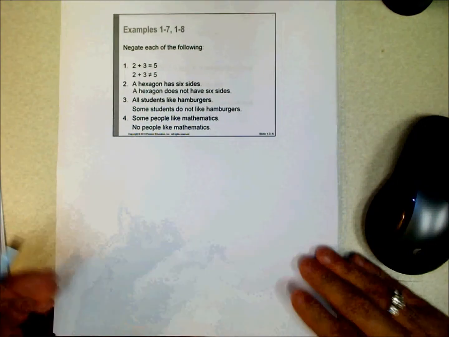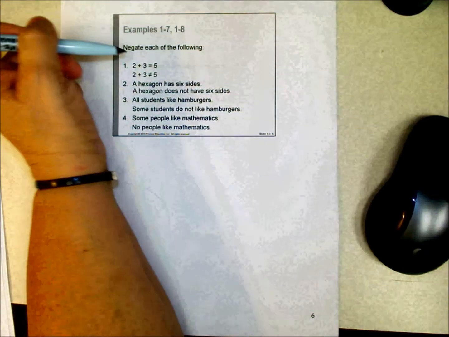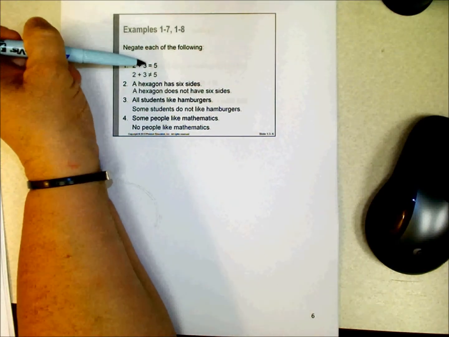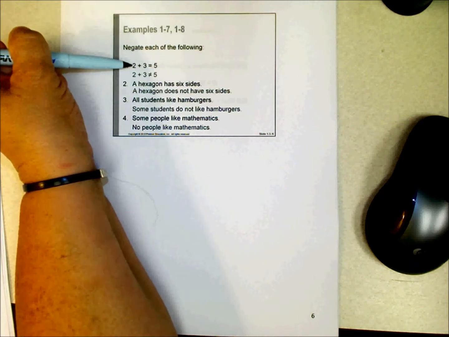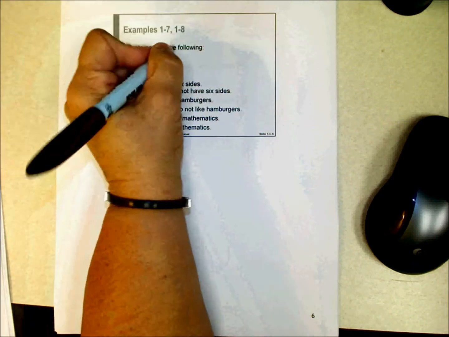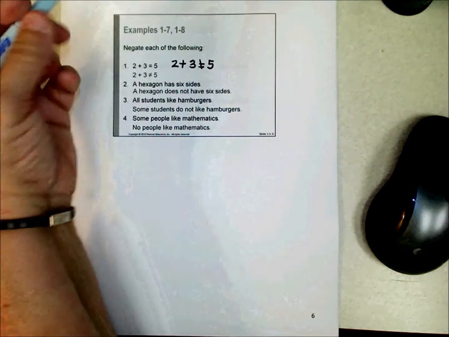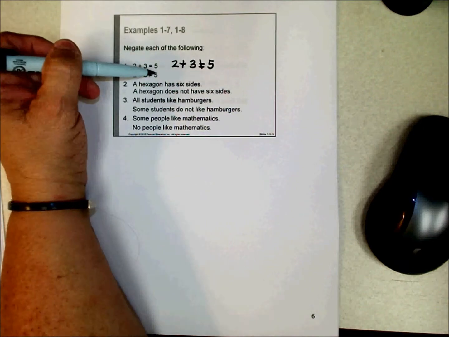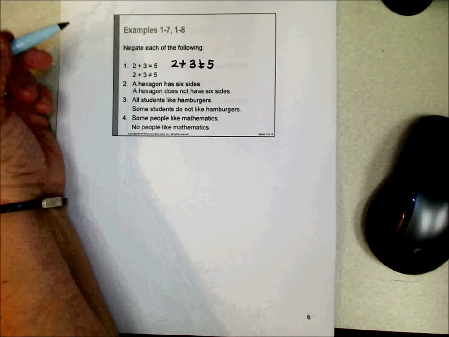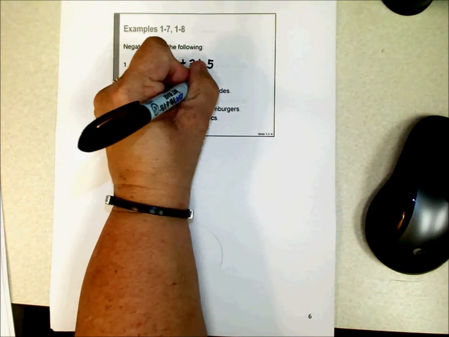Now, some examples of statements. If you have 2 plus 3 equals 5 as the original statement, to negate it would be 2 plus 3 is not equal to 5. Likewise, if you have 2 plus 3 is not equal to 5, to negate it would be 2 plus 3 equals 5.